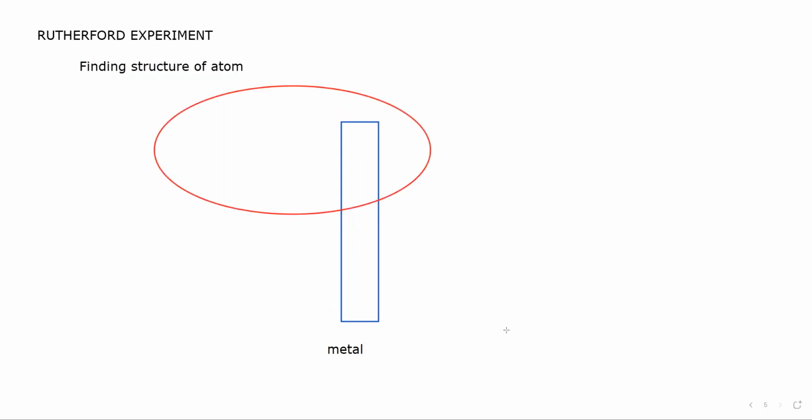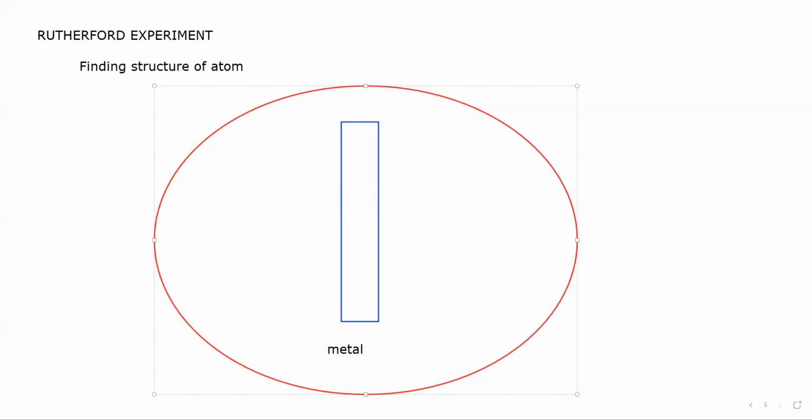What Rutherford did was take a very thin metal foil, and in a vacuum, in this region of vacuum, he targeted it with fast-moving alpha particles.